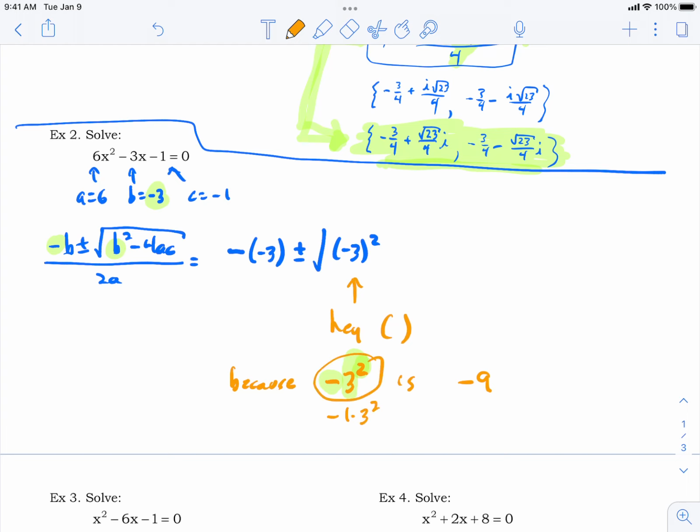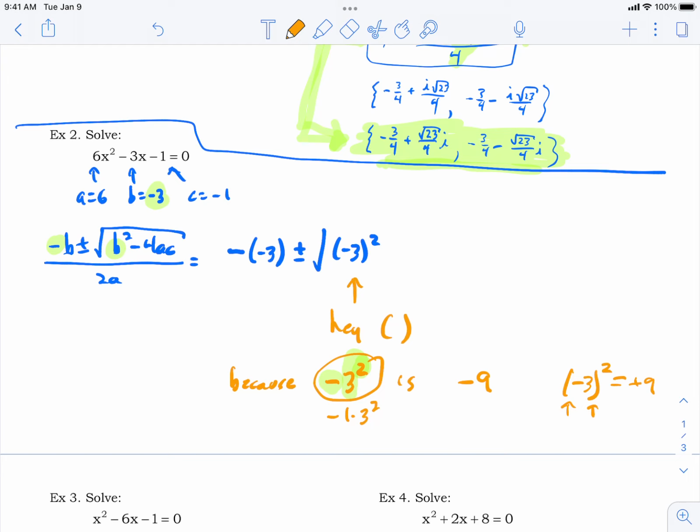This is like a -1 times 3 squared. The square is on the 3. It's not on the negative, is what I'm trying to say. It's on the 3, not the negative. If you meant a -3 being squared, you'd have to write it this way, or enter it on your calculator this way. And then it comes out to +9.